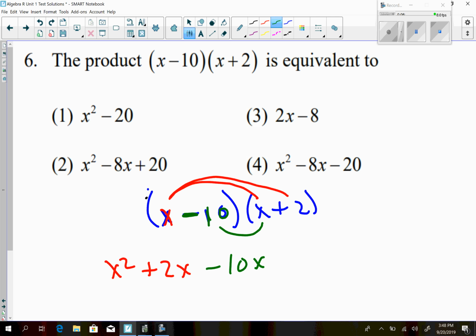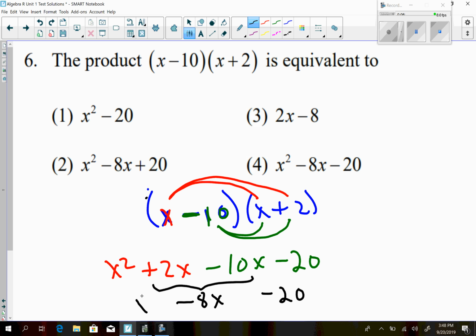Negative 10 times positive 2 is negative 20. And then we combine like terms. 2x minus 10x is negative 8x. The minus 20 just gets brought down, and the x squared up here in the beginning gets brought down. X squared minus 8x minus 20 is choice 4.